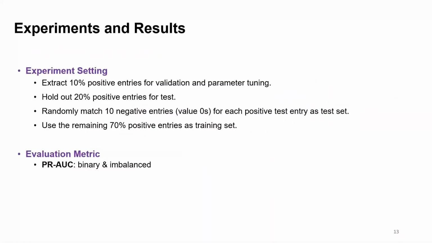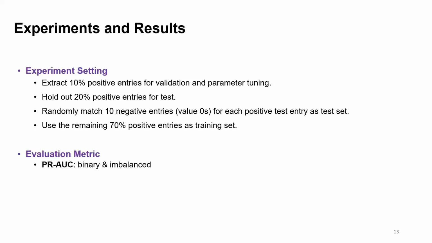To perform the evaluation, we first extract 10% of the positive entries for validation and parameter tuning, and hold out 20% of the positive entries for test. Then we randomly match 10 negative entries with value zero in the raw data for each positive test entry, and together with the 20% held-out positive entries they form the test set.